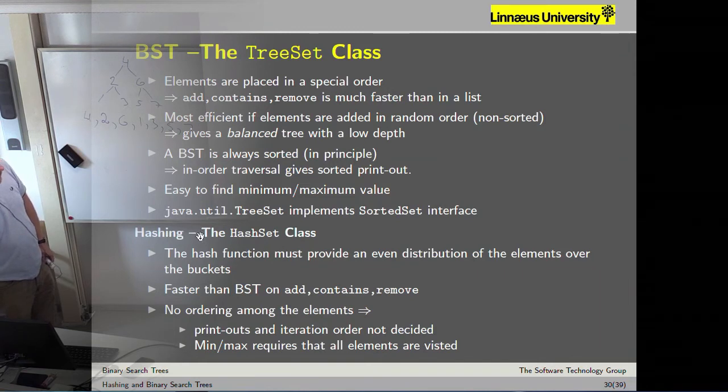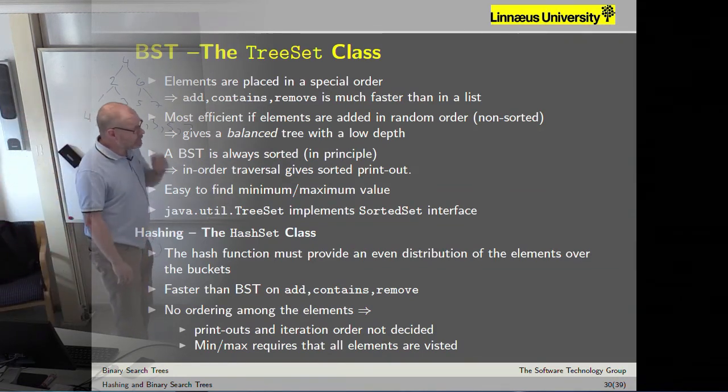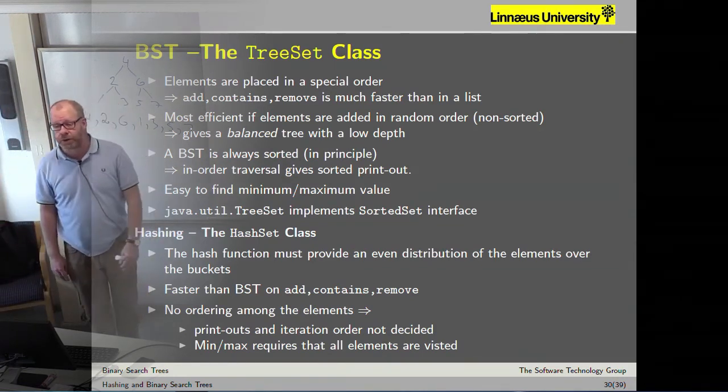Hashing was the alternative approach. It must provide an even distribution of elements over the buckets. It's faster than binary search trees on add, contains, and remove. There is no ordering among the elements, so printouts and iteration order are random in general. Min and max is a difficult question.